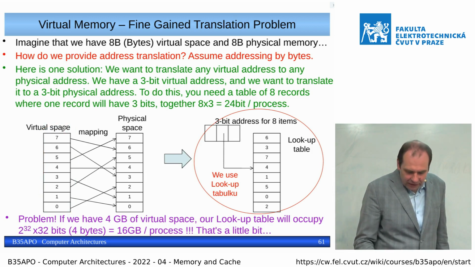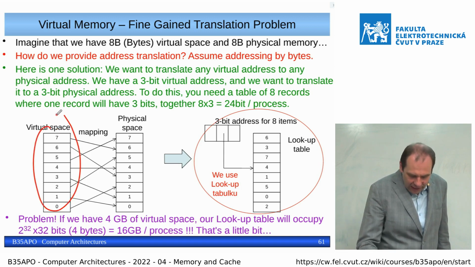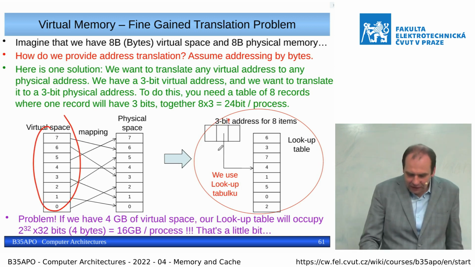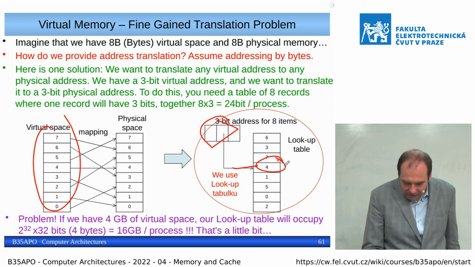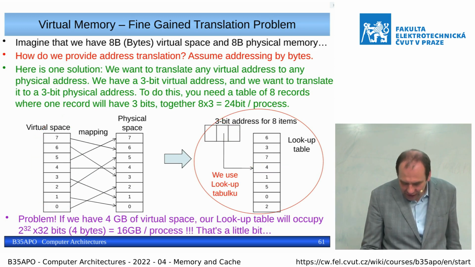If we have, for example, an 8-byte virtual address space, then we take that 3-bit address, look into some table, and this table selects which physical address backs a given virtual address.